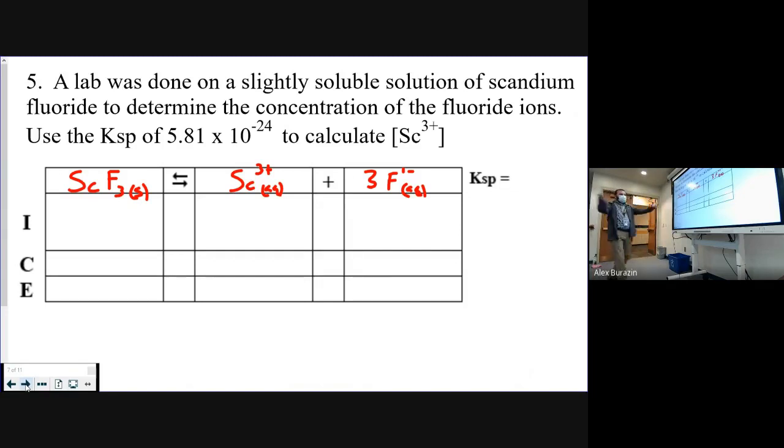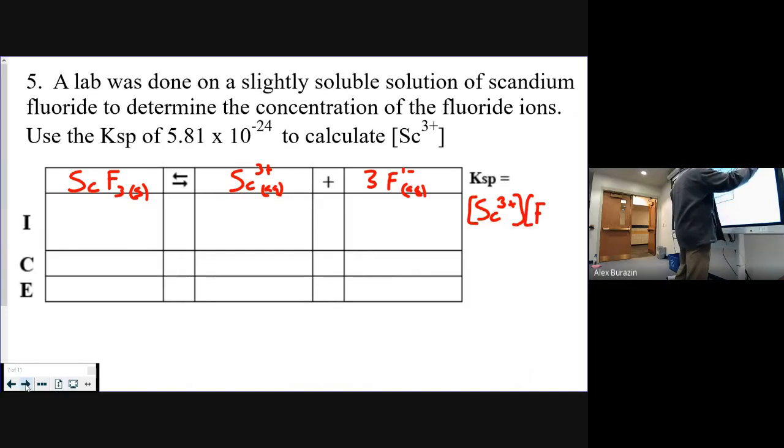So that's our reaction. Okay, we can set up K. K is products over reactants like it always is. It's just that in this instance, the reactant is solid, so we don't include it. So I have scandium 3+ multiplied by fluoride 1-, which gets cubed because the coefficient is 3. I don't know how much stuff is going to dissolve. They didn't tell me that.